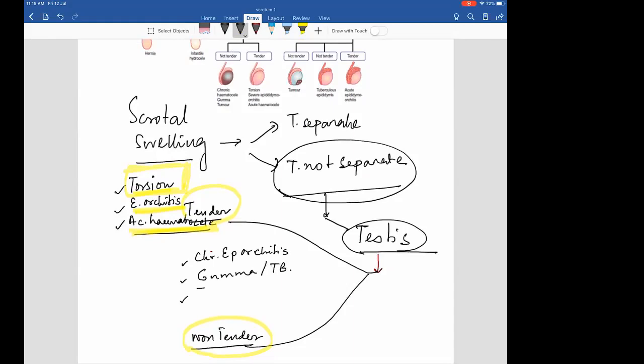And what people diagnose more commonly, though it is very rare, is technically a testicular tumor. What must always be kept in mind is a hard painless swelling in the testes. So please mind these points again. If it is a painless swelling, mind that it can be a testicular tumor, rare but should be kept in mind. Most common one is orchitis, rare in India now are gumma of the testes and TB.